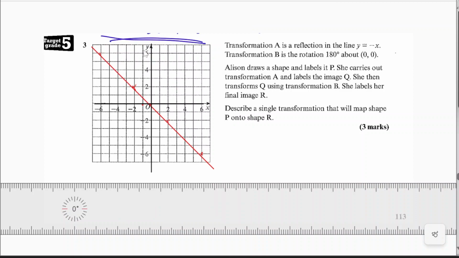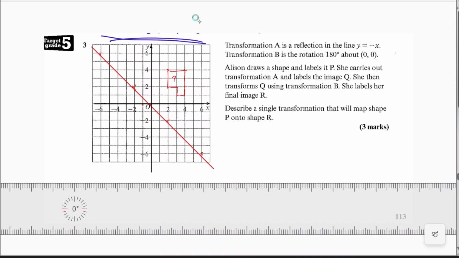So if we imagine that this was the shape that she drew, for example, I want a slightly irregular shape, just to show my point. So if you imagine that's our shape, let's label it P. Alison draws a shape, she labels it P, let's pretend we're Alison. She carries out transformation A, which is the reflection in this line.